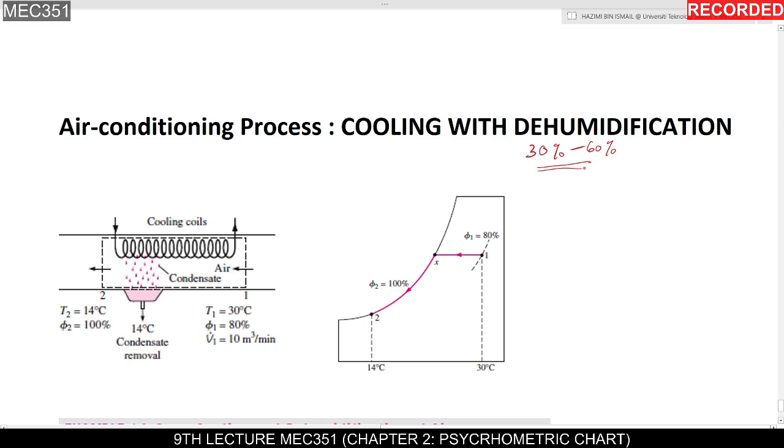This is what we learned earlier in our previous video. And for cooling, the target is to get thermal comfort, where the comfortable temperature is between 22 and 24 degrees Celsius. So that is your target.